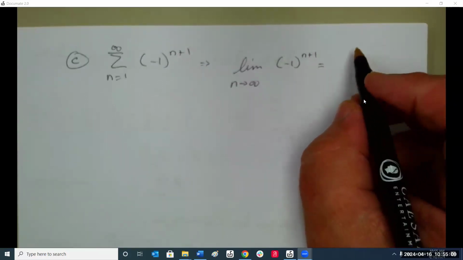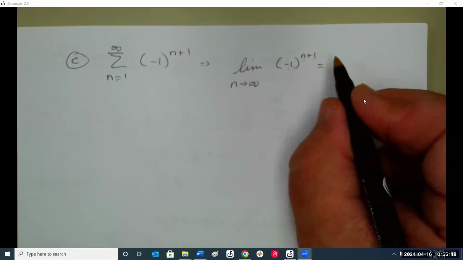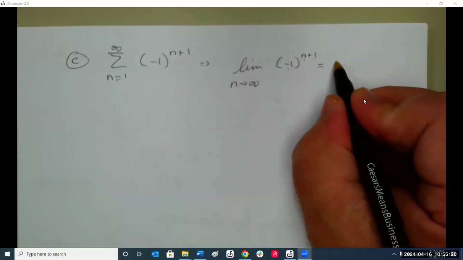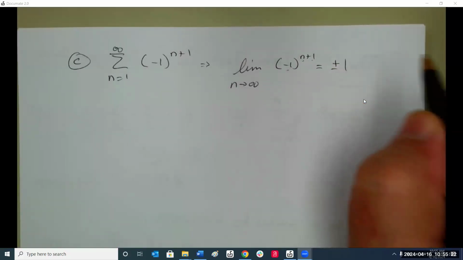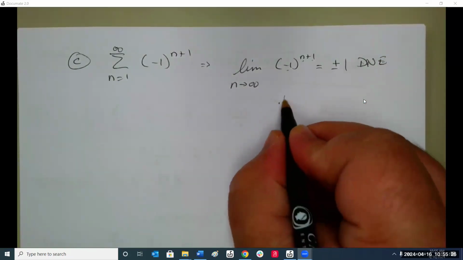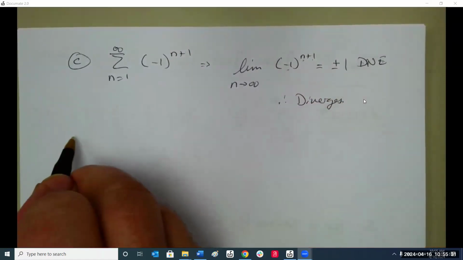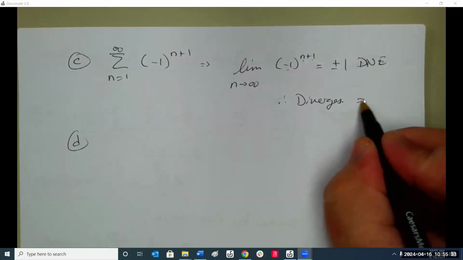So this oscillates. When n is even, it's negative. When it's odd, it's positive. So the limit does not exist. Therefore, it diverges, because it doesn't equal 0.